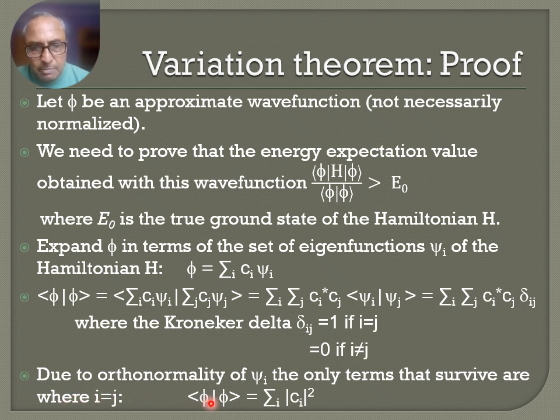That is, bra phi phi ket is equal to sigma i modulus ci squared. Since delta ij is equal to 1 only when i equals j and equal to 0 for every other case, this double summation reduces to the single summation sigma i ci star ci, or sigma i modulus of ci squared. Okay.